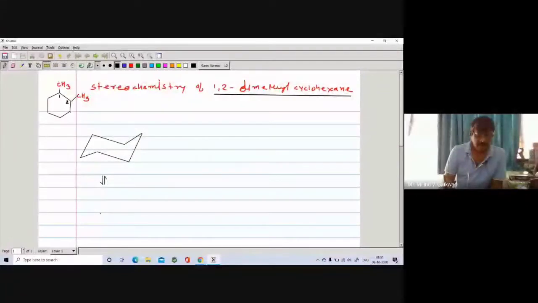Here I will write one bond, then this is the second bond. Both are parallel, and this carbon you have to join here. Similarly, this carbon you have to join on this carbon. This bond and this bond are parallel, and this bond and this bond are parallel. Similarly, this bond and this bond are parallel. So this is the ring flipping.